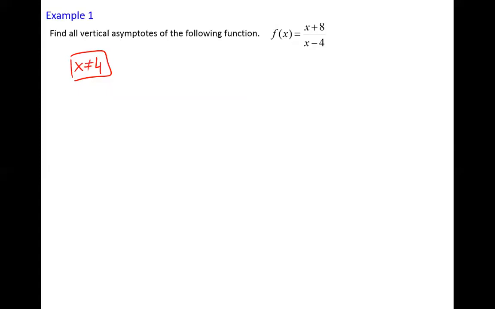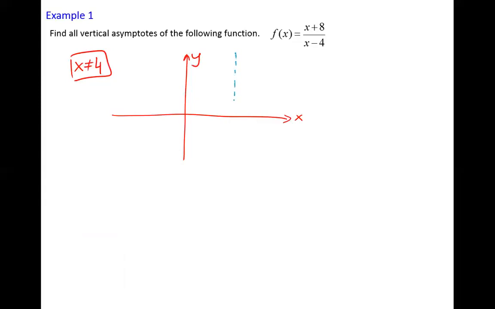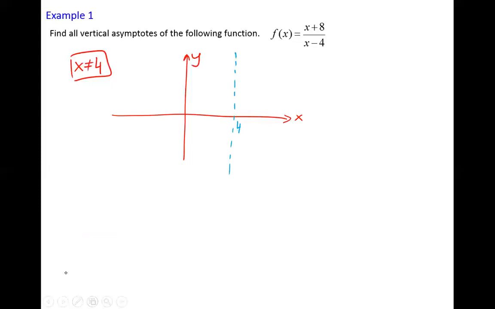So yes, this will be a vertical asymptote, because I can't simplify. I can draw the invisible line x equals 4 as my vertical asymptote.